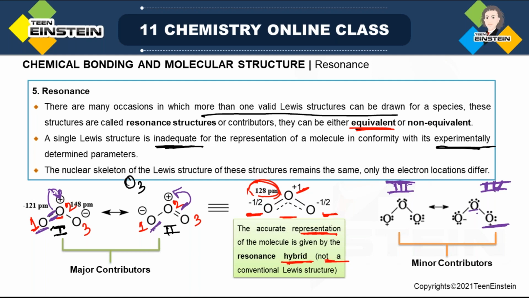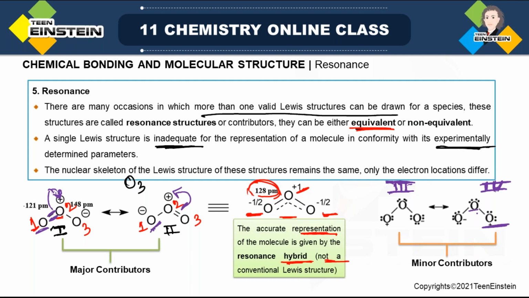But why are we saying that this is a minor contributor, though this resonance structure is possible? So the next thing that we have to learn is, though all these structures you can draw and you can say all are resonance structures, which resonance structure will be contributing more to the actual resonance hybrid? How to decide that? Those rules we have to learn.